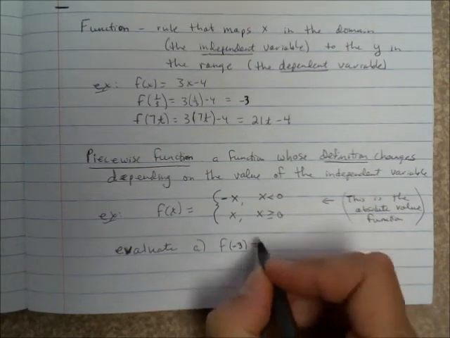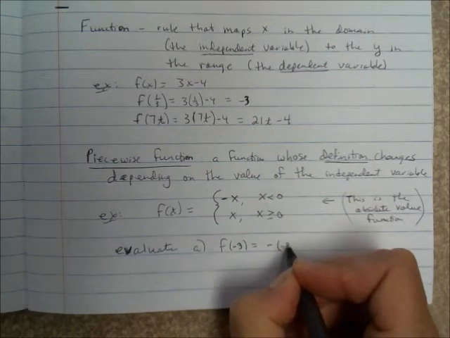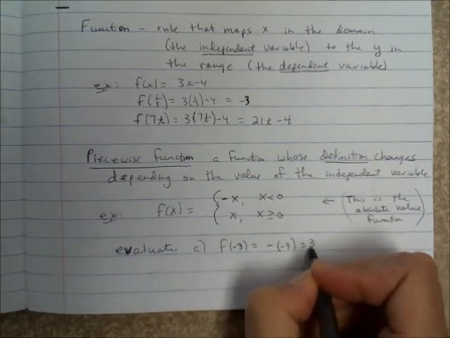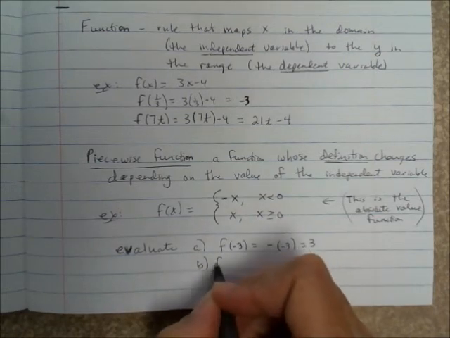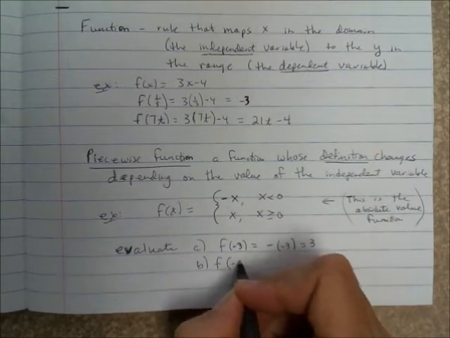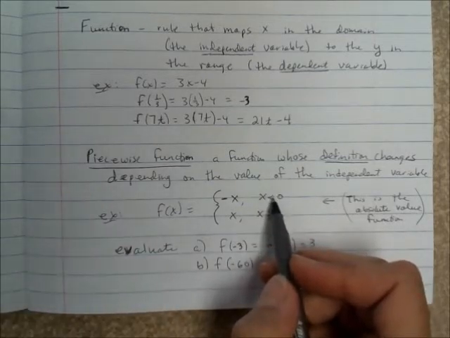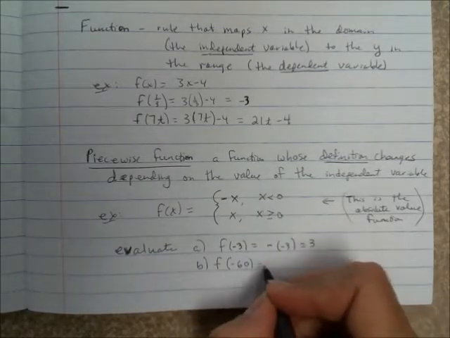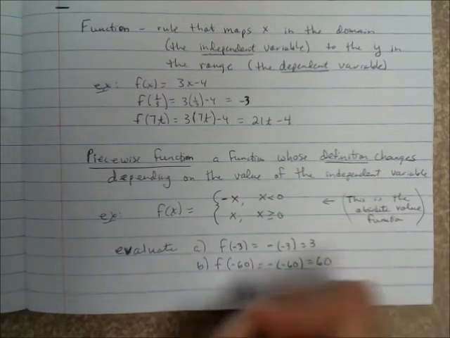So f of negative 3 is actually negative, and the x value, which is negative 3, which is equal to positive 3. And similarly, if you have to evaluate something like f of negative 60, well, negative 60 is less than 0, so you're going to call that a negative 60, which is equal to 60.